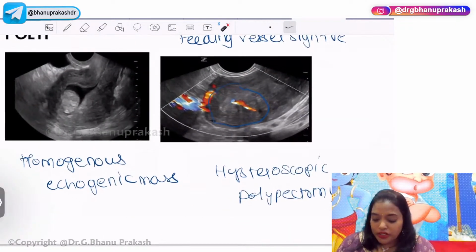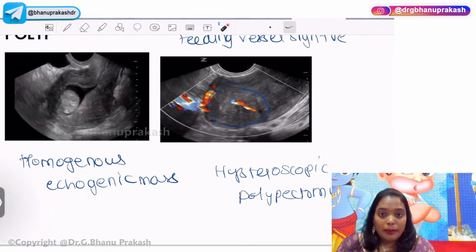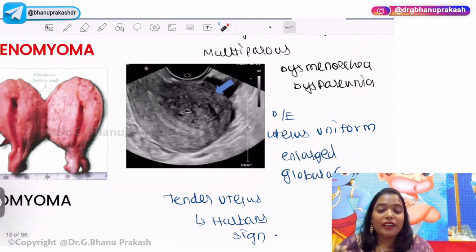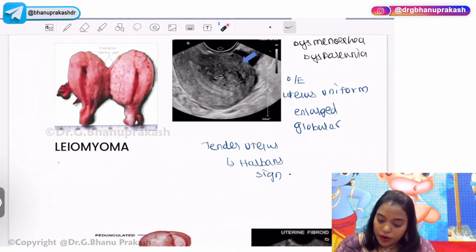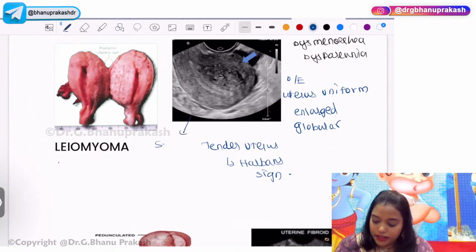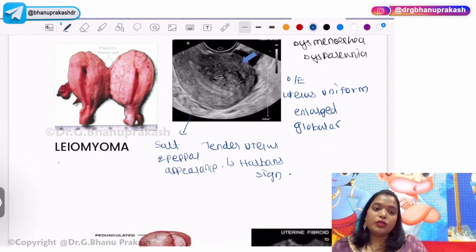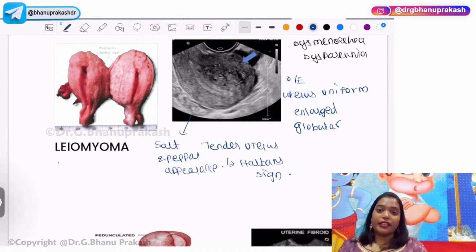Am I clear? Yes, excellent, Pratyusha. So this is called salt and pepper appearance or Venetian blind appearance, right?